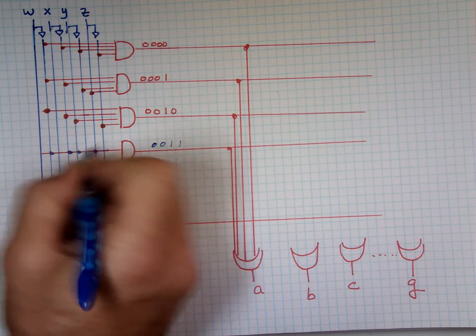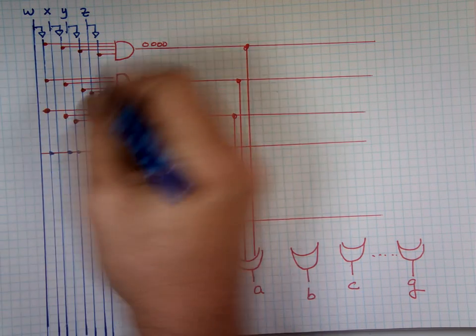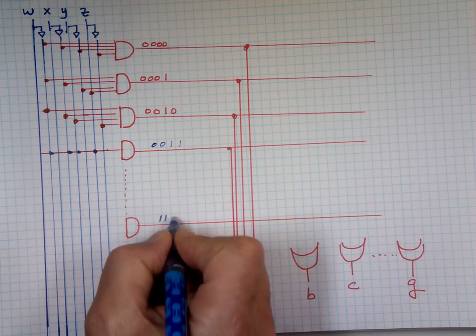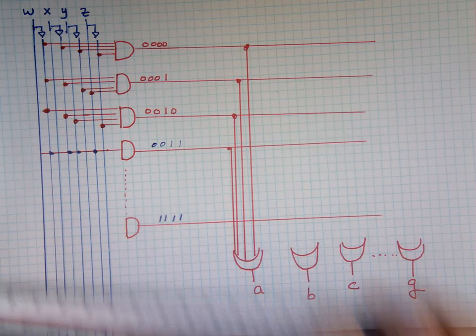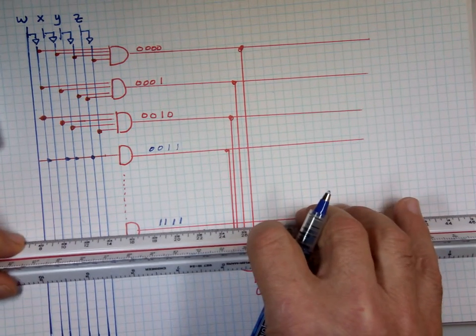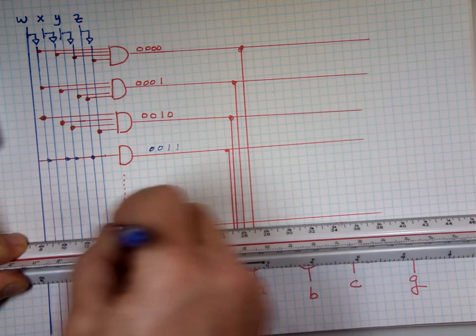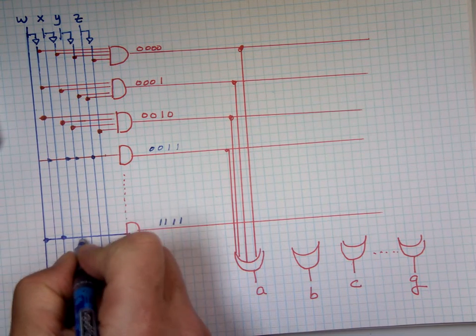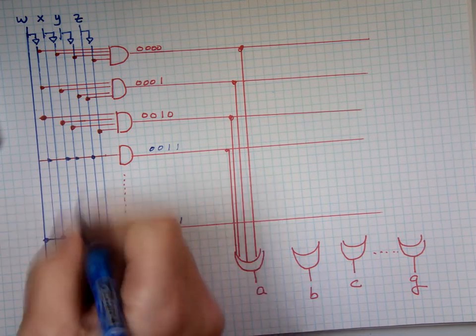Now everyone get the idea. That's really 4 lines, but that's how we draw them. Less work. This one, for example, 1, 1, 1, 1. That's the last one. We draw 1 line going to it, because to draw them all is hectic. To do them all, you go, here's 1, 1, 1, and 1. That's what that means.